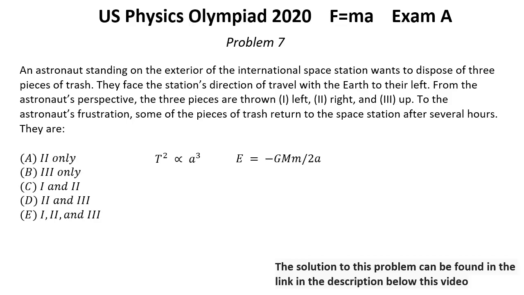The astronaut's throw has a negligible impact on the total energy of the trash, and hence a negligible impact on a and hence T. In fact, after one full orbit, all 3 pieces of trash simply return to the space station. That's answer E, and that was the solution for problem number 7.